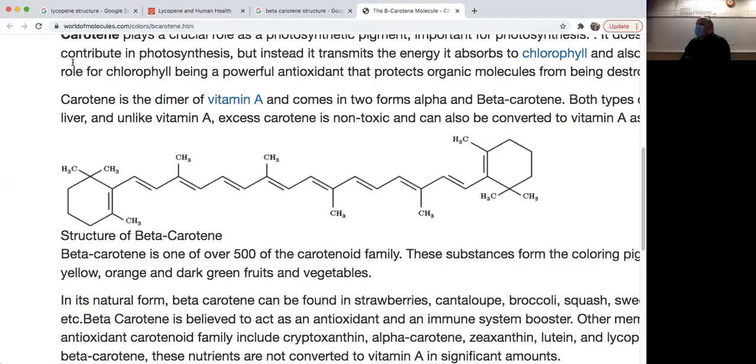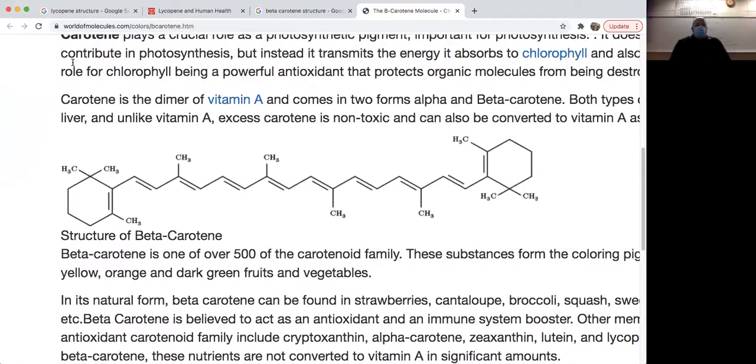Beta carotene is found in probably the most prominent thing that I can think of is carrots. Hey, beta carotene, carrot, huh? I think that's just a coincidence, but still, it makes sense. It's found in pumpkins, a lot of squashes.